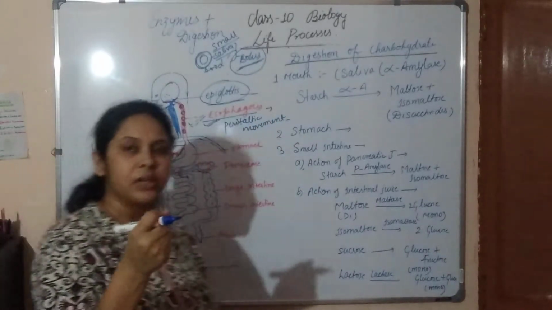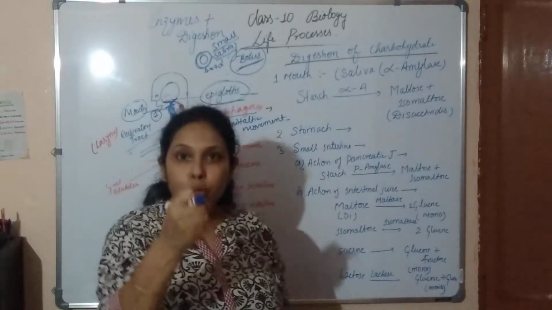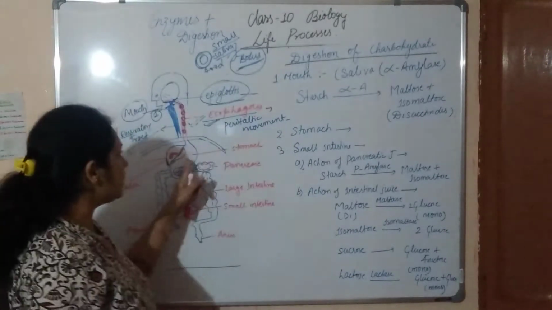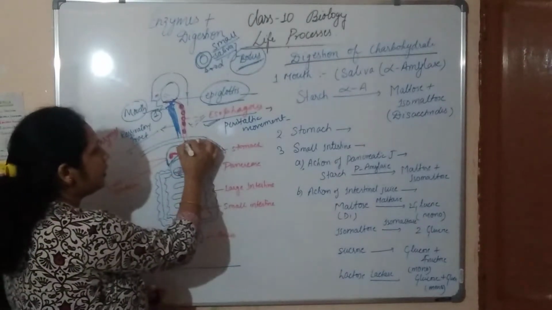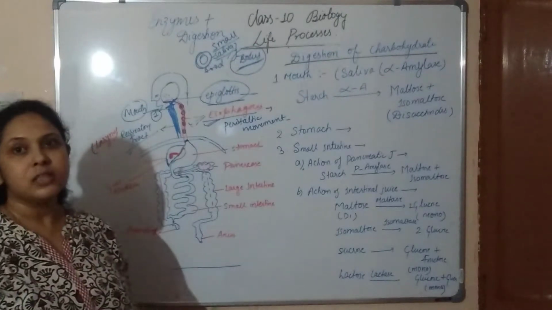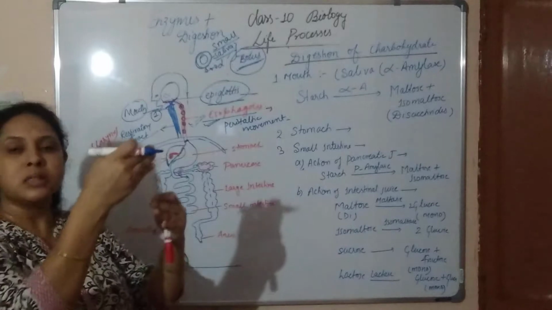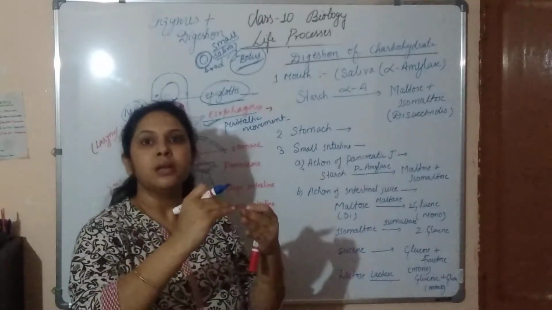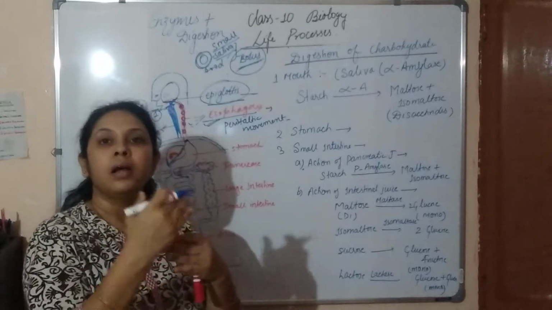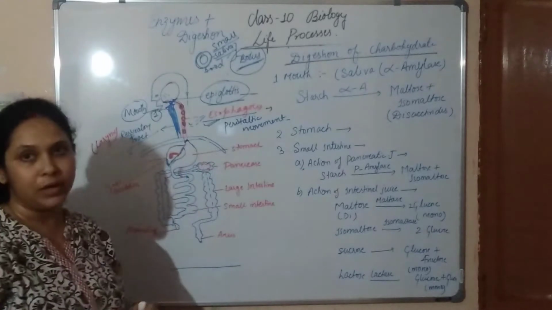It is a contraction and relaxation of the esophagus through which the bolus moves towards the stomach. Here there is a sphincter which, when the food bolus comes from the esophagus to the stomach, helps avoid the backflow of the food into the esophagus.